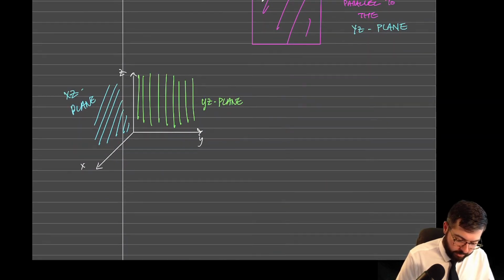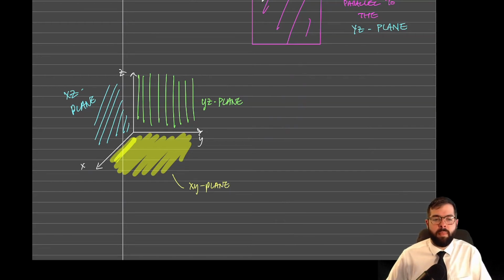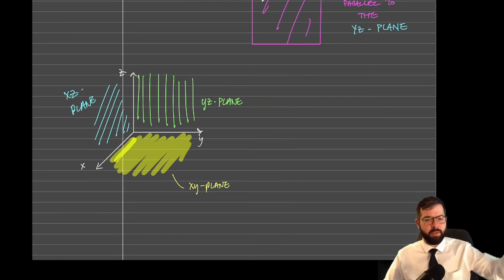And this one here is the one that's been your friend for so long, the XY plane. Okay, so you got the floor, left wall, front wall. XZ plane, YZ plane, XY plane.